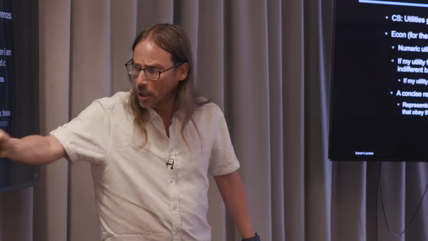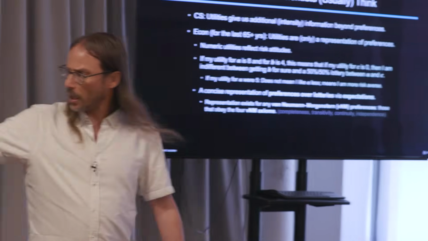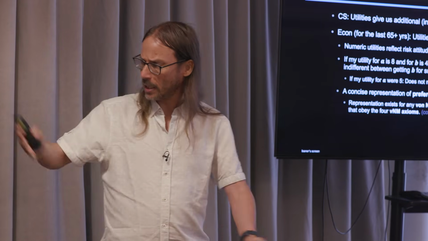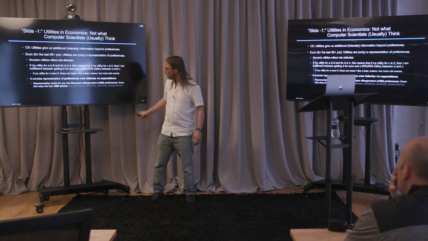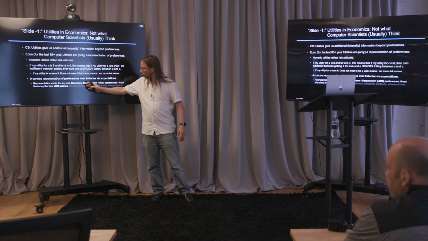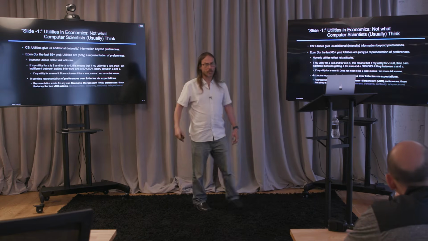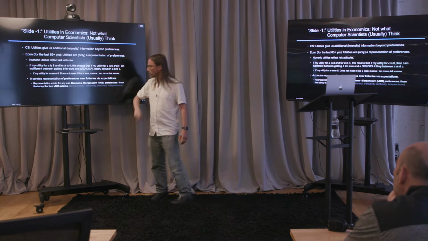There are 4 fairly standard axioms, agreed upon in the sense that most preferences would satisfy them, such that if a preference satisfies these 4 axioms, then we call it a von Neumann-Morgenstern preference, and it has this nice representation.